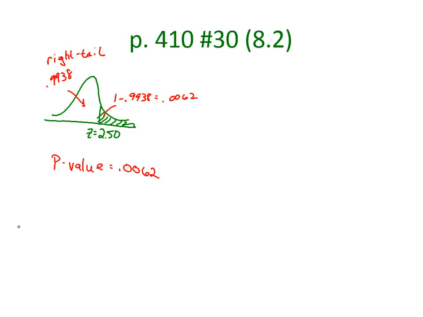And they told us to use alpha as 0.05. That's significantly smaller than 0.05 because this is less than a 1% chance that that would happen just by random chance. This tells me I have to reject my null hypothesis.